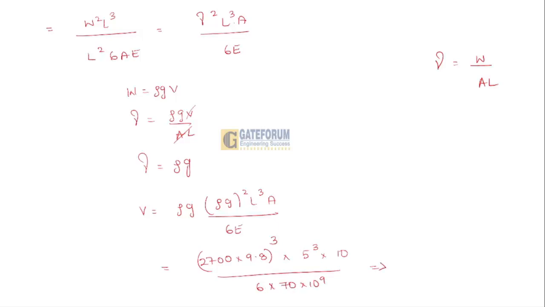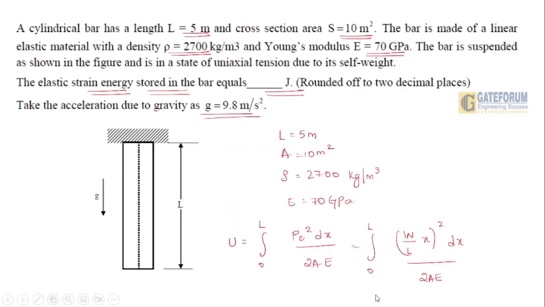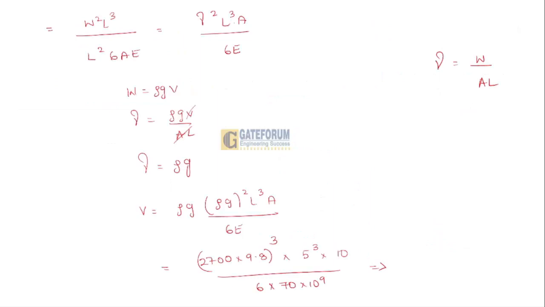Calculate the value. Strain energy, how much are you going to get? 2.08 joules. This is regarding the strain energy which you are going to get. Right? Moving to the next question.